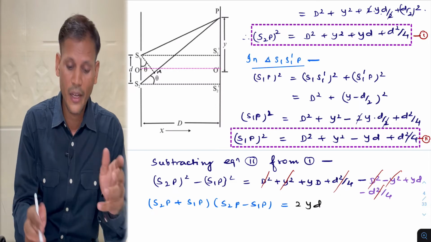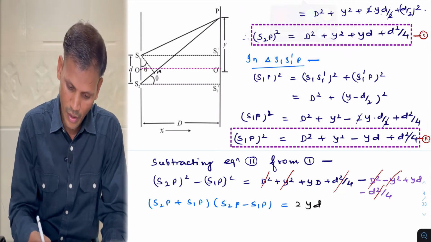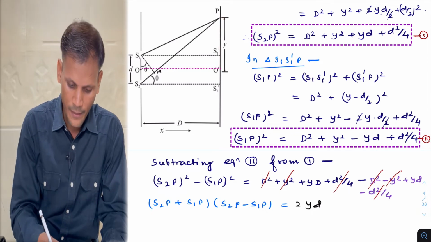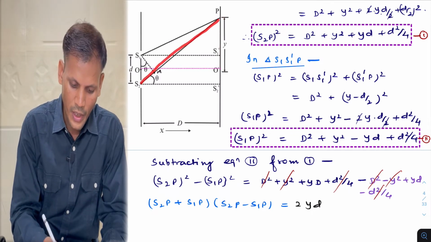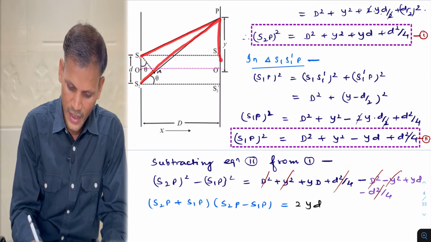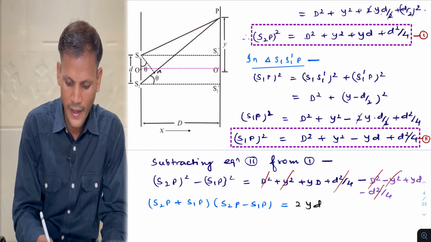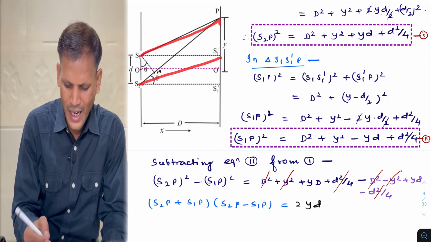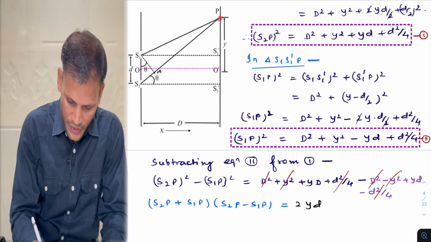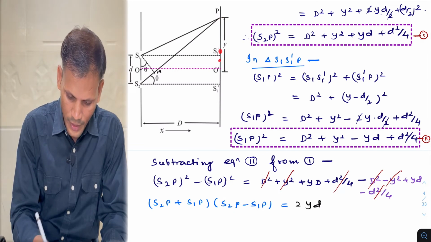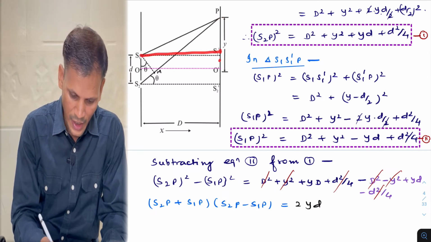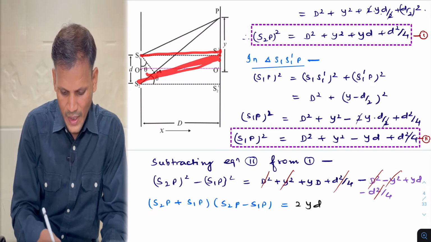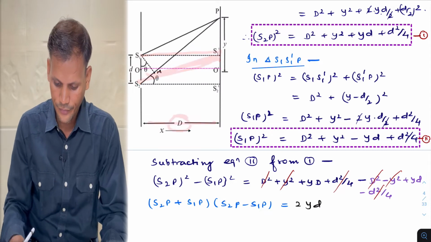For small values, what we have to keep in mind is that if point P is very close to O dash, then S2P and S1P can be considered as a straight line. So this distance will be this distance. If point P is here, one will be like this, another will be like this. So this can be considered as D, a straight line.